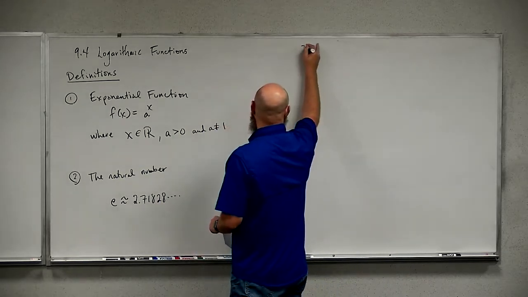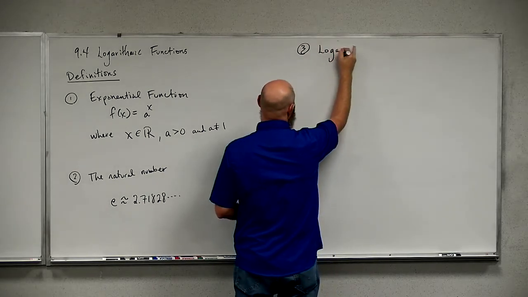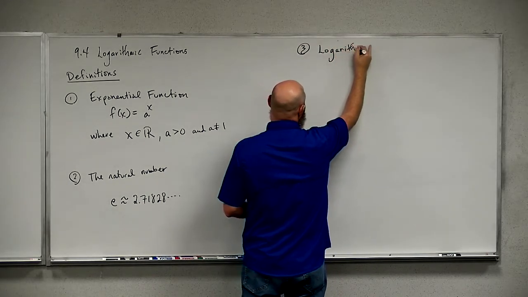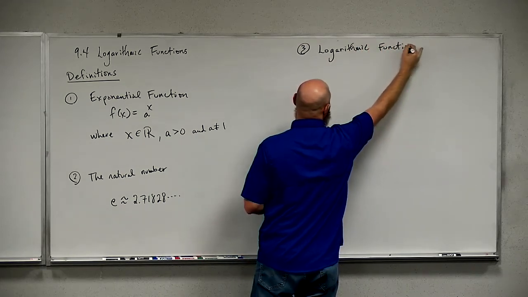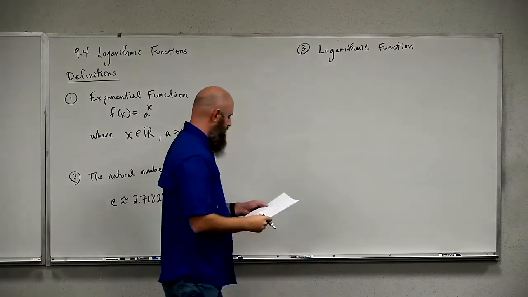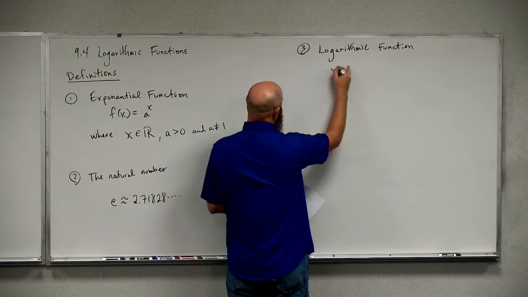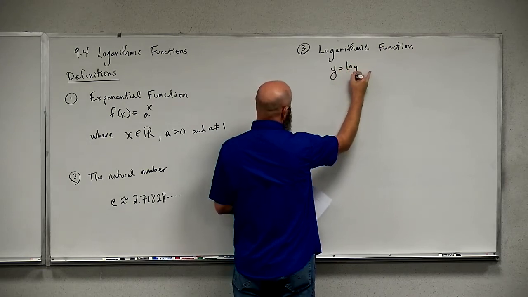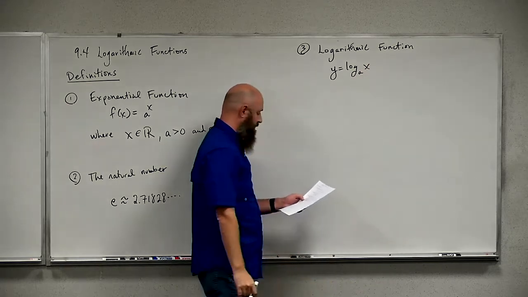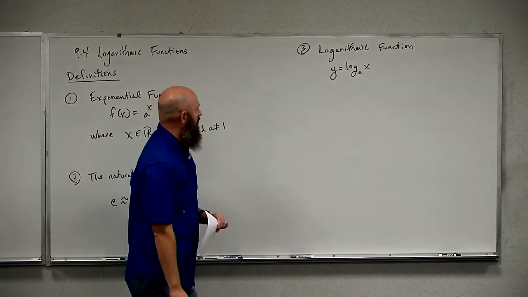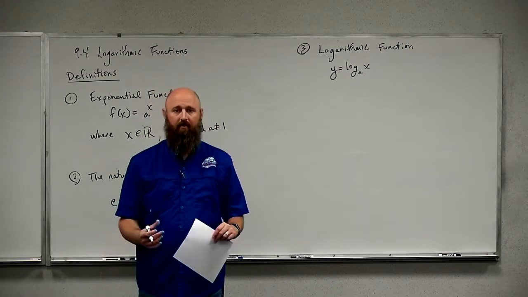All right, our next definition is the logarithmic function. This is a function in terms of y equals log base a of x. It looks kind of funny; we have a subscript a for that.